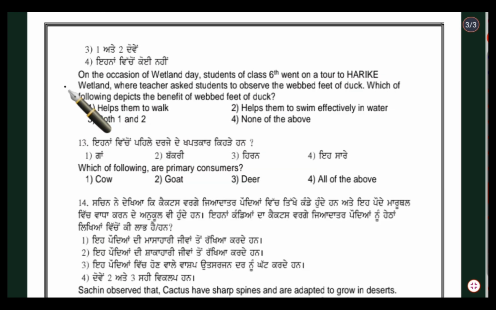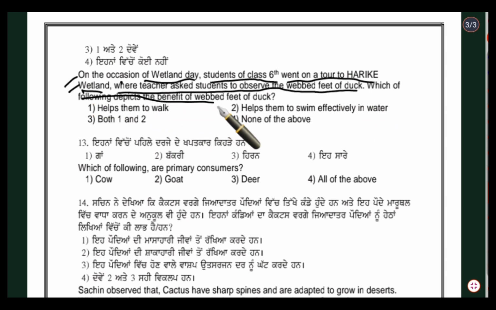So question number 12 is, on the occasion of Wetland Day, students of class 6 went on a tour to Harike Wetland, where the teacher asked students to observe the webbed feet of duck. Now, which of the following depicts the benefit of webbed feet of duck?